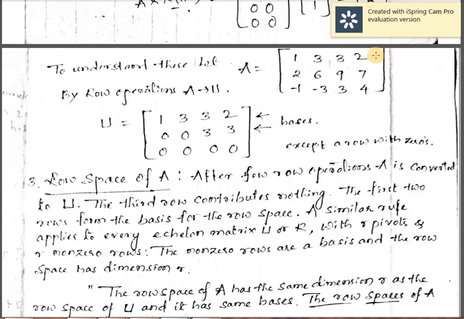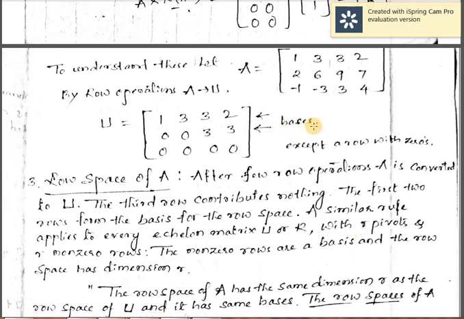Similarly, these are from the pivots. We obtain that there is a pivot element in the first as well as in the second row. So we can say that these two are the basis of our matrix A.